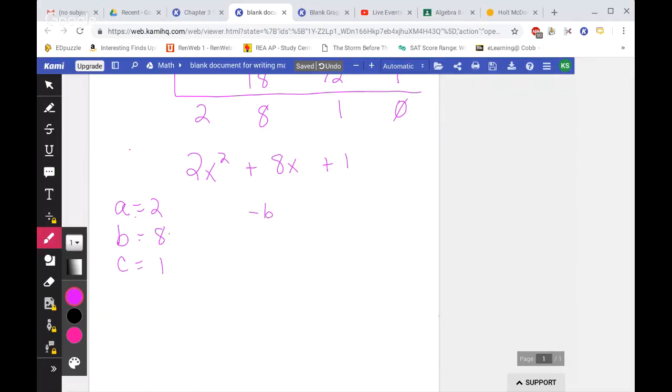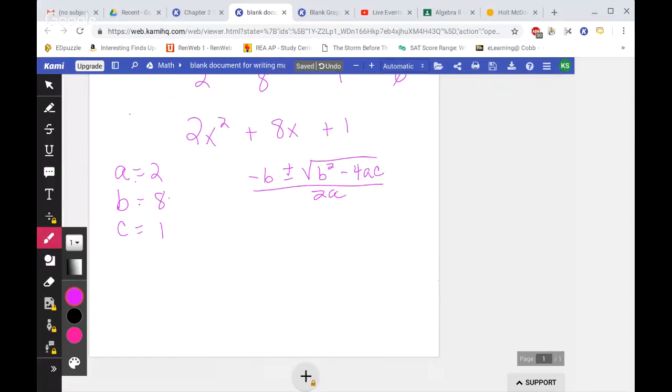So the quadratic formula is the opposite of B plus or minus the square root of B squared minus 4AC all over 2A. So the opposite of B is negative 8 plus or minus the square root of B squared, 64, minus 4 times 2 times 1, all over 2 times 2.